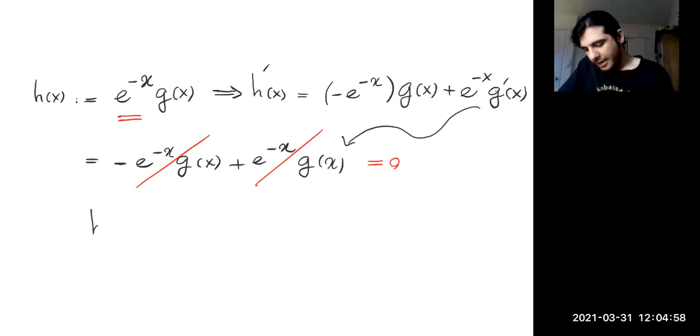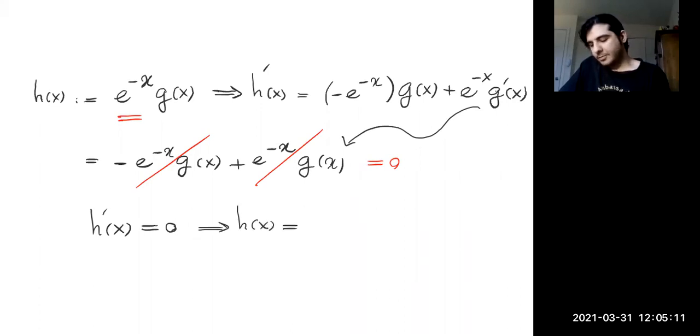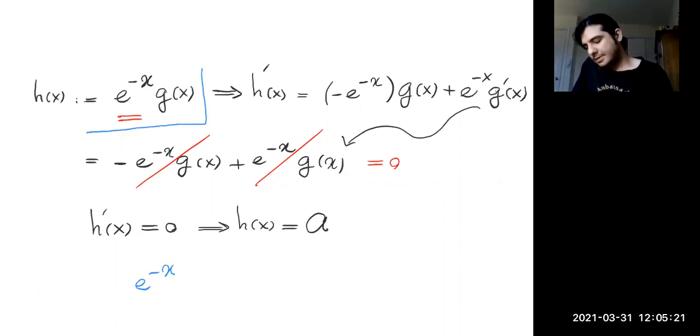Therefore, h prime of x is equal to 0. If h prime is equal to 0, it means h is a constant, just a number. Let's call it a. But what is h? Here we defined h to be e to the minus x g of x, and that's a constant a.